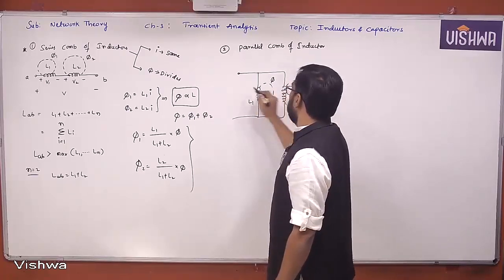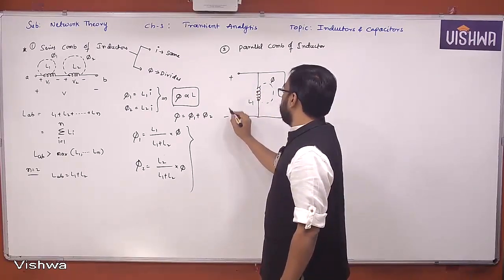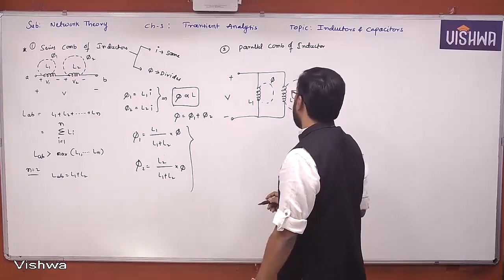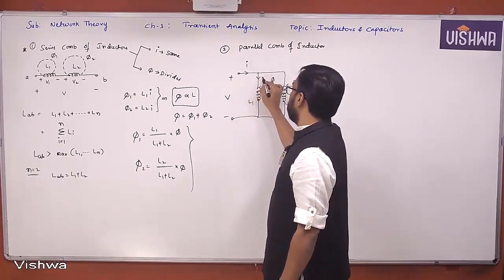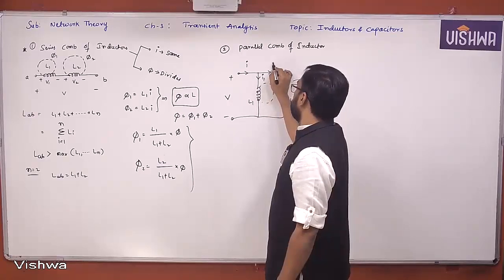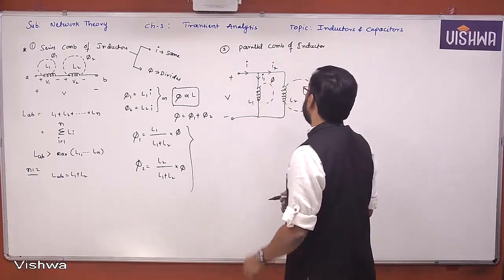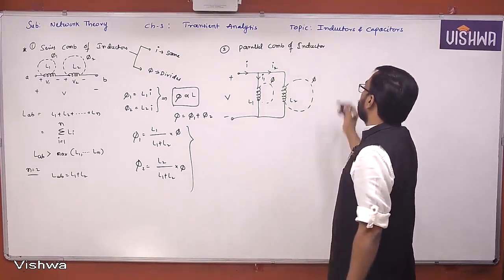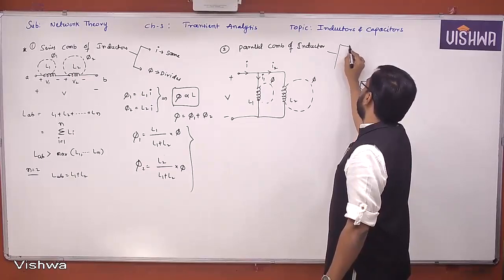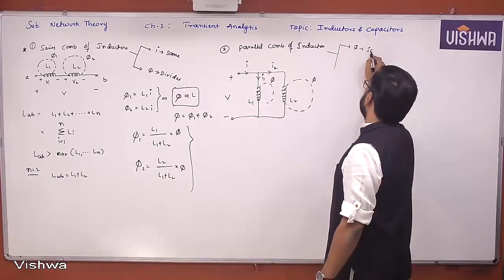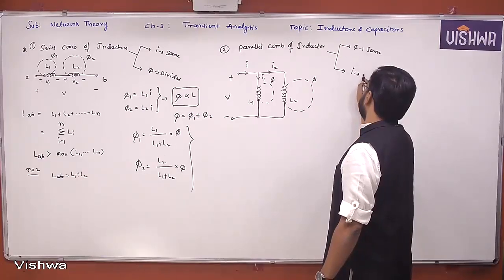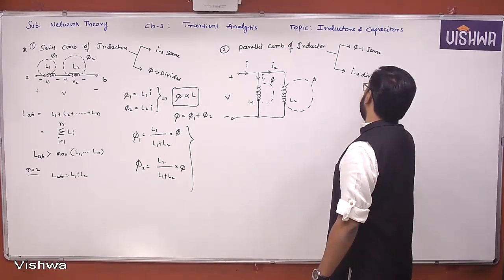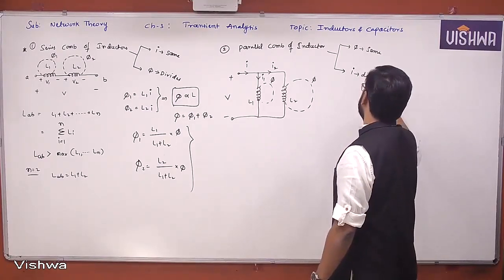Okay, the flux is same, because the voltage is same, but current whatever you send, it gets divided. In this parallel combination, flux is same for both the inductors, but current gets divided. If you send some current I, it gets divided.